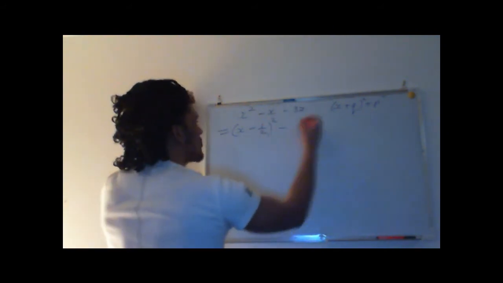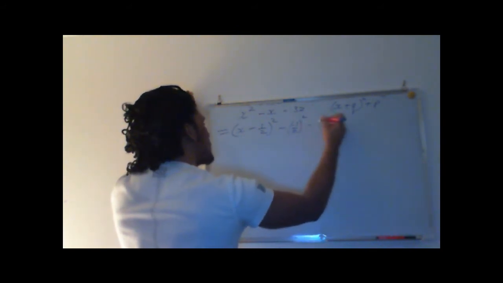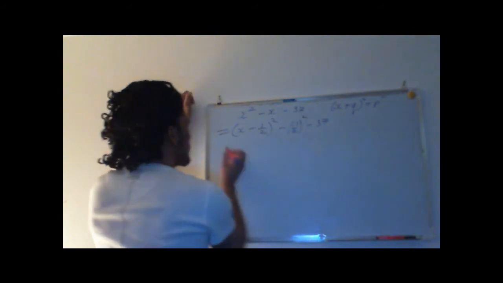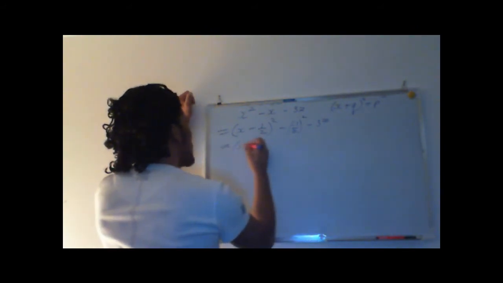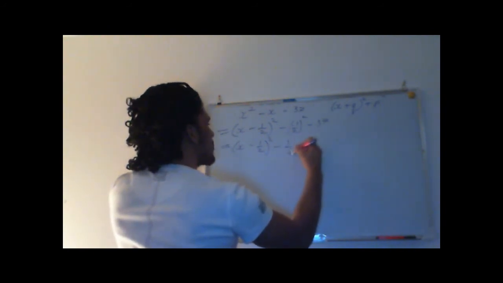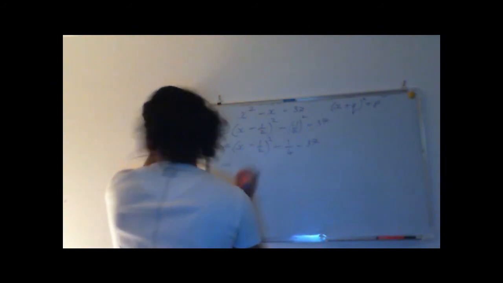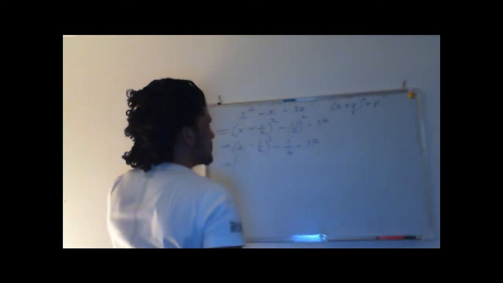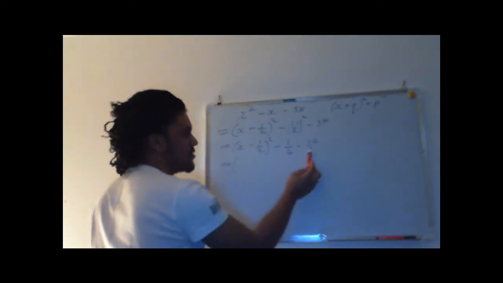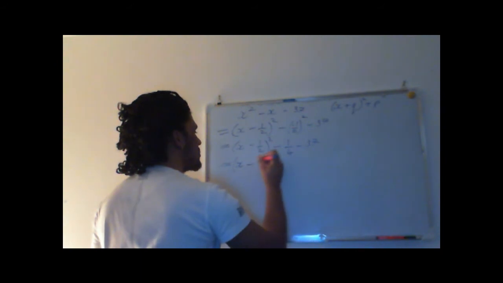And then your minus, it's going to be minus a half squared, minus 37. Minus a half squared is a quarter, so it's going to equal x minus 1 over 2 squared minus a quarter minus 37, and then a common denominator, so you multiply top and bottom by 4, which is an awful sum. I don't know why I chose 37.